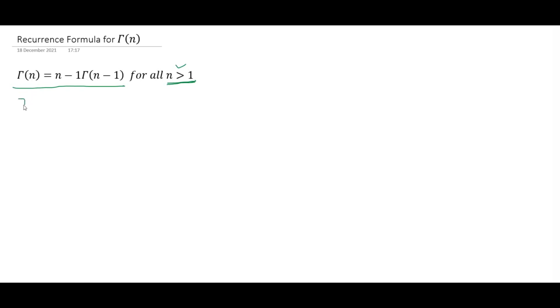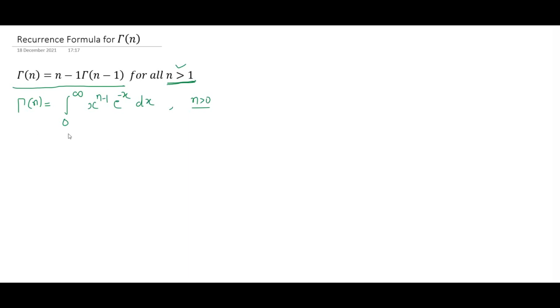So apply the definition of gamma function. Gamma of n is equal to integral 0 to infinity x raised to power n minus 1 e raised to power minus x dx. When you are using this definition, you must be sure that n is greater than 0.